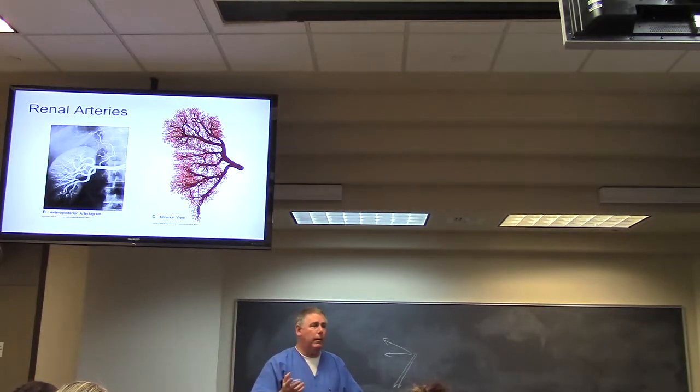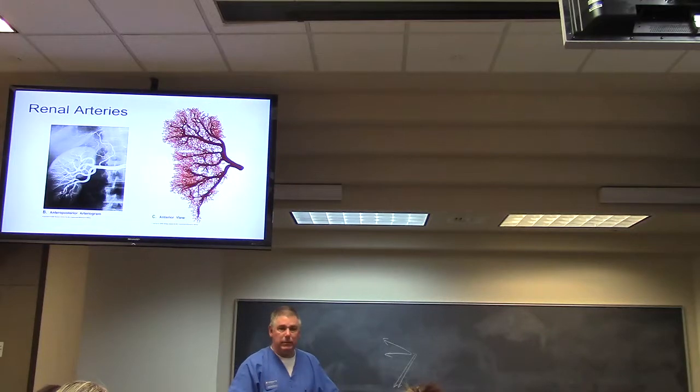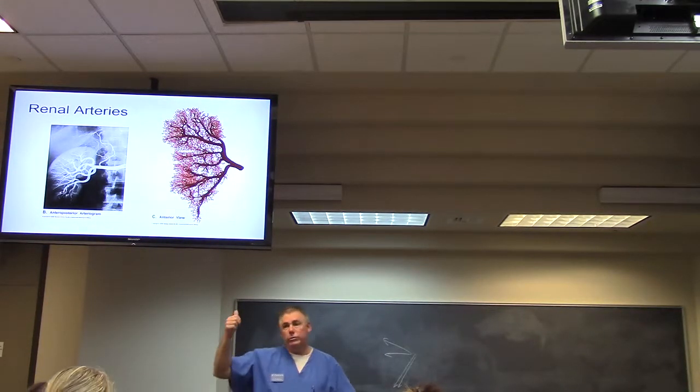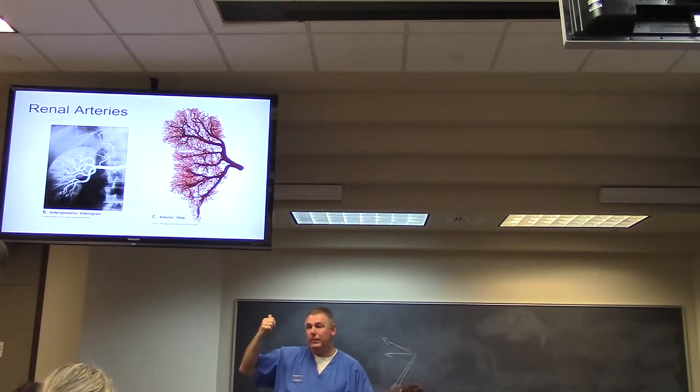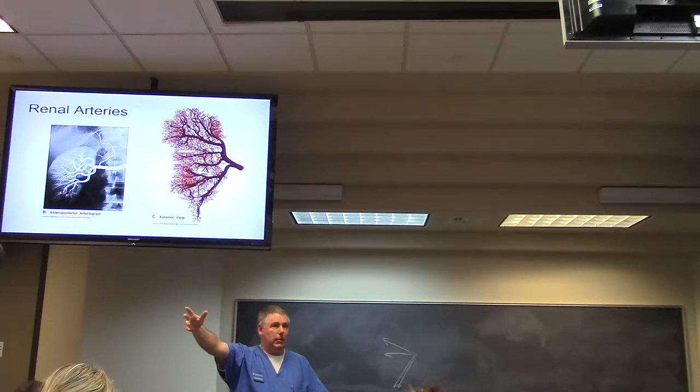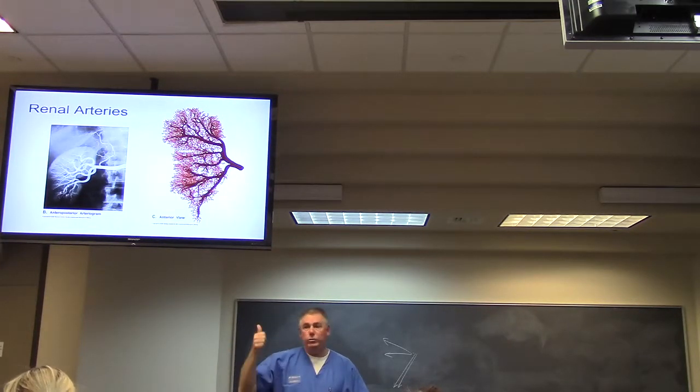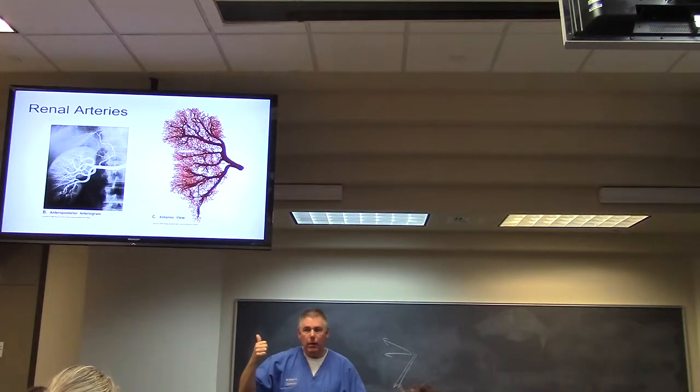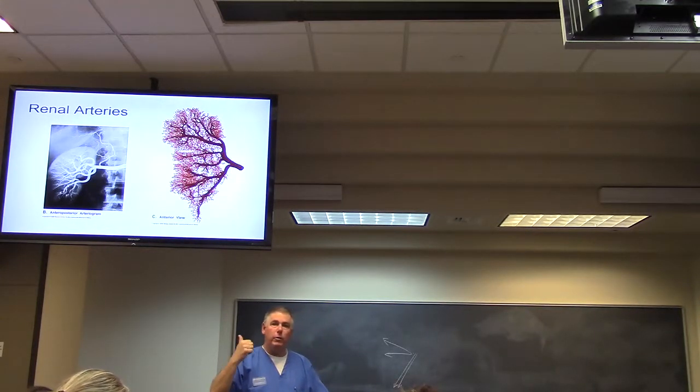A fourth of it goes to your intestines through the celiac, superior and inferior mesenteric arteries. Well, that's 30 feet of stuff. That's a lot to supply. A fourth of your cardiac output goes to your kidneys.